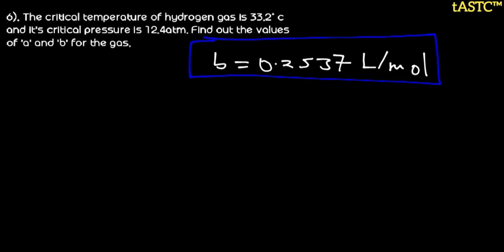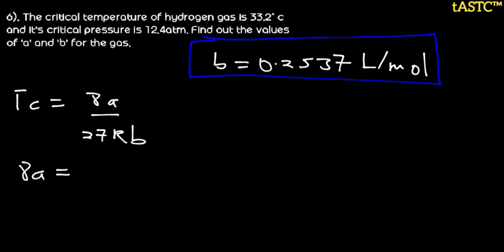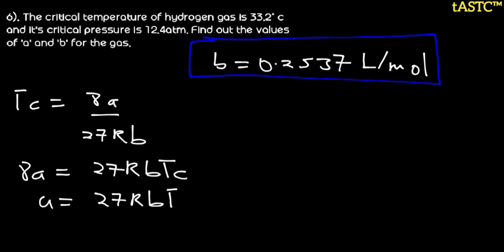We know that T sub C is equal to 8A divided by 27RB. So we could make A the subject from here. Now that is going to be 8A, and we would have 27RBTC. So A is equal to 27RBTC divided by 8.